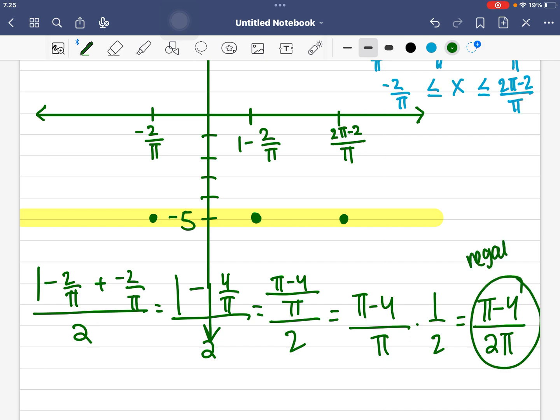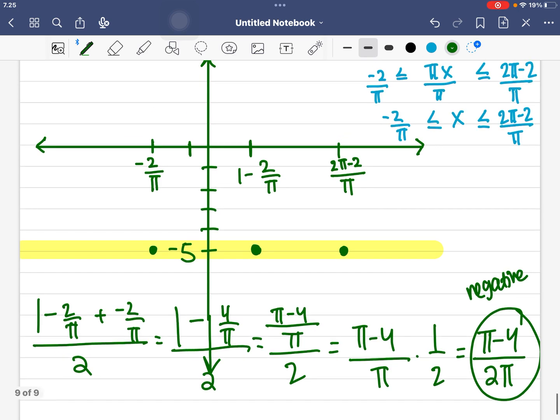So that's the reason why I wrote it this way, so that I can approximate. I don't even have to know the exact value of that. Pi over 2 pi. So it's somewhere here, right? So I'm going to leave that there. And it's going to be the midpoint between this and this.